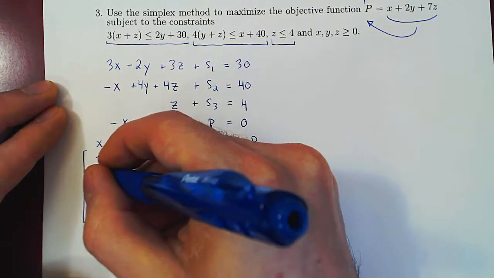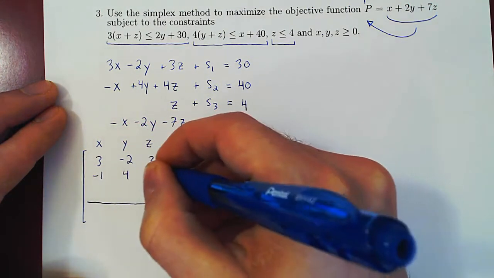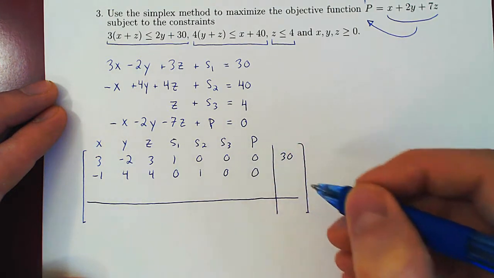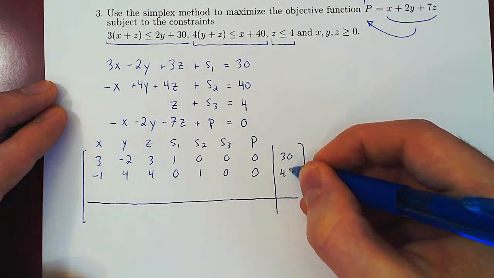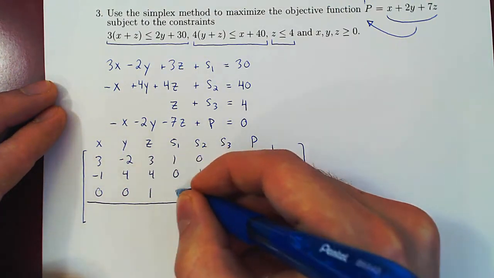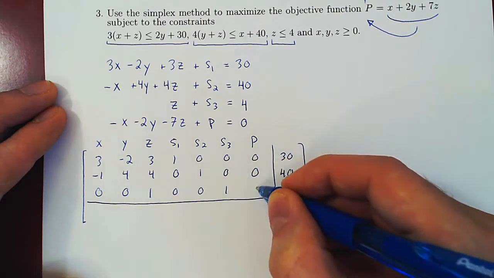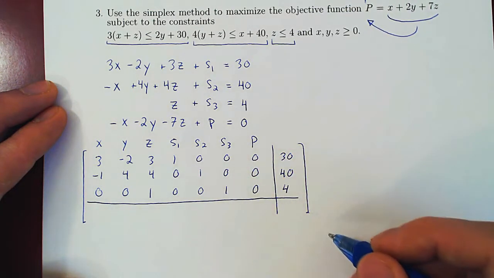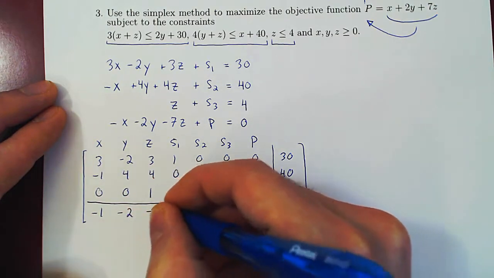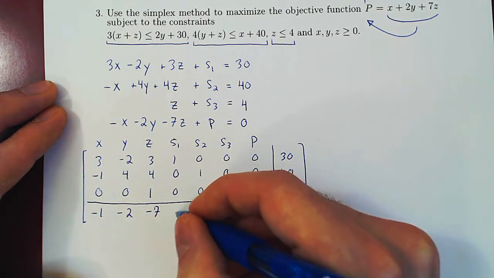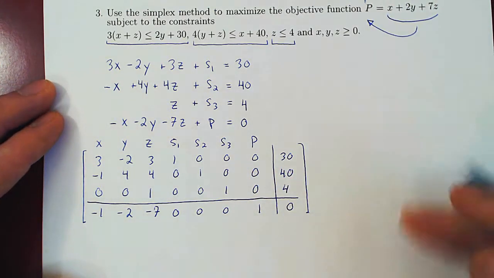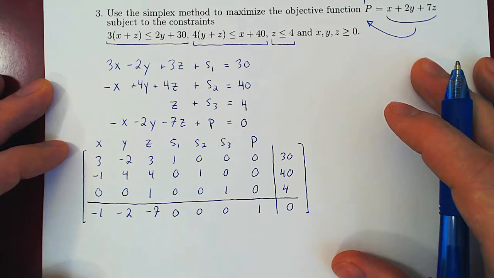Second equation, negative 1, 4, 4, 0, 1, 0, 0, positive 40. Third equation, 0, 0, 1, 0, 0, 1, 0, 4. And the third and final equation, negative 1, negative 2, negative 7, 0, 0, 0, 1, 0. So now we have our initial simplex matrix.